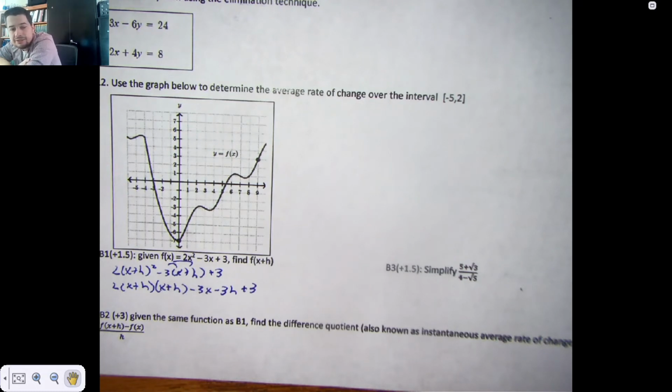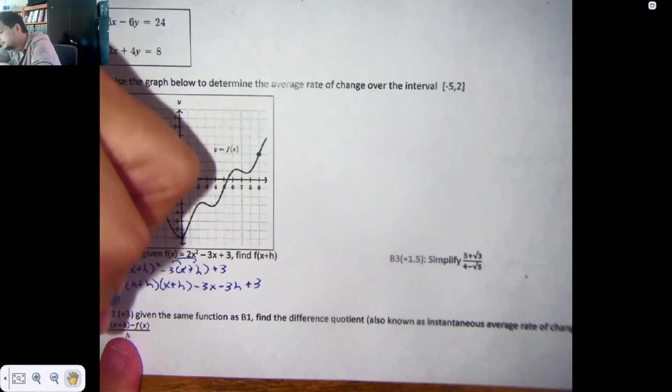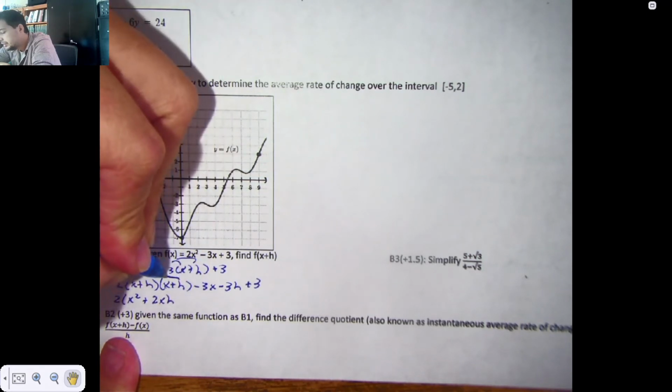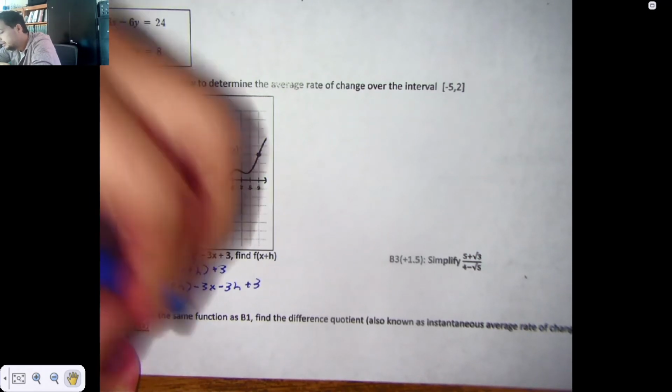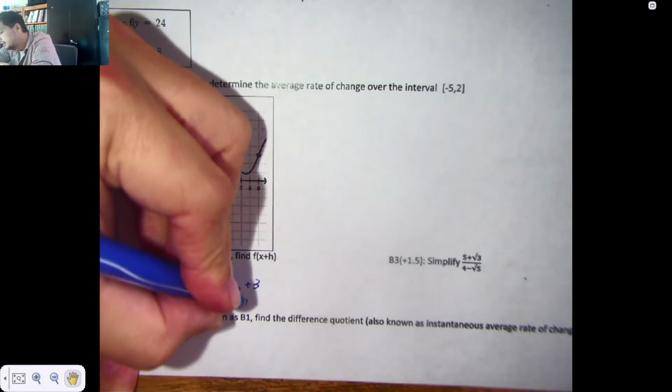It's called instantaneous rate of change when you do bonus 2. This is the first part of it. So I just plugged in x plus h for every x I saw. I wrote this one out twice because it was squared, and now I'm going to FOIL it. I'll get x squared plus 2xh because here's an hx, and here's another one, plus h squared. And then I'm going to clean it up.